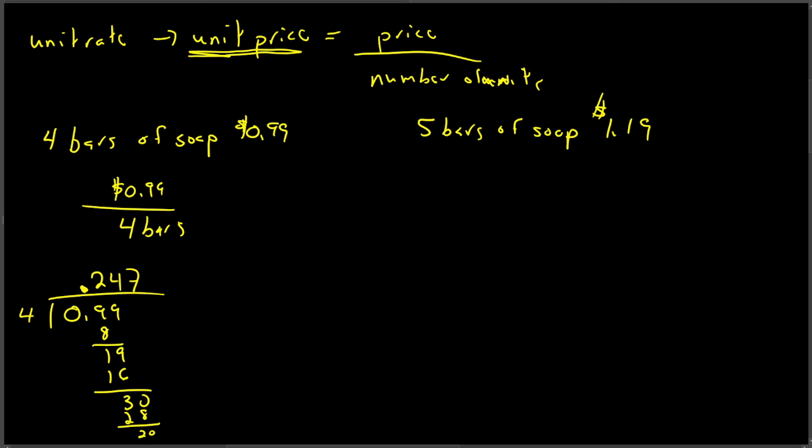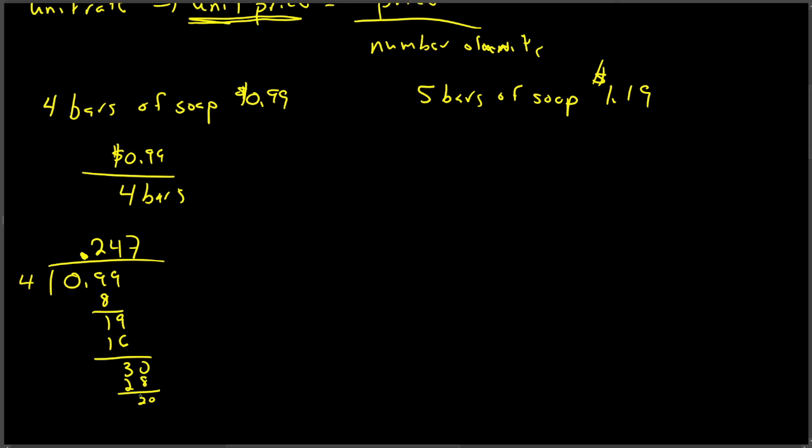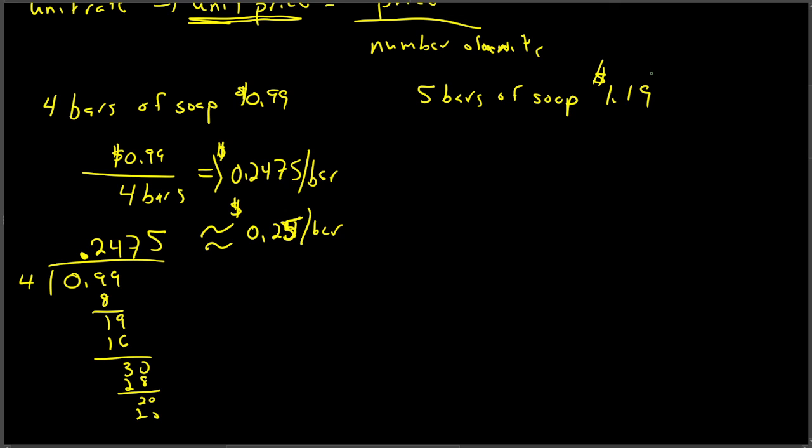Let me scroll up just a little bit. And so I bring down another 0. And so we have the unit price, if I buy it this way, is $0.2475 per bar, or roughly 25 cents a bar. We'll do it in cents. 25 cents per bar. If we want to compare, we'll round it to the nearest penny.